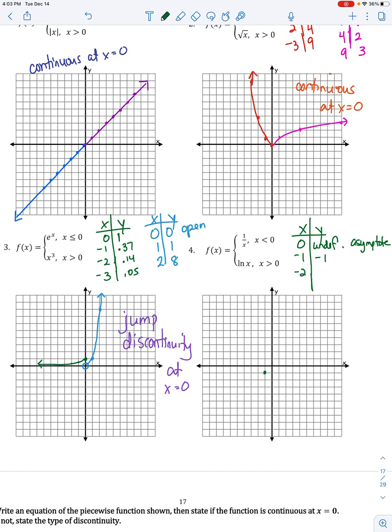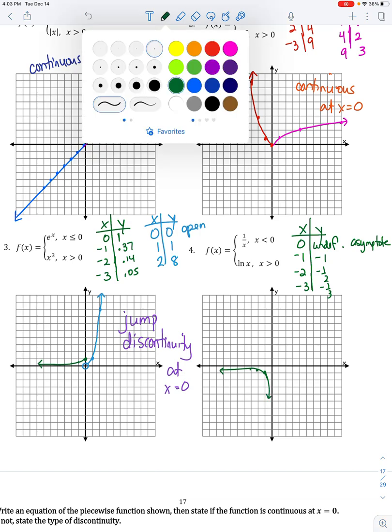If I plug in -2, I'll get -1/2. If I plug in -3, I'll get -1/3. So this is going to be a hyperbola like that, or part of a hyperbola. It's actually going to approach that, but this is going to be an asymptote.